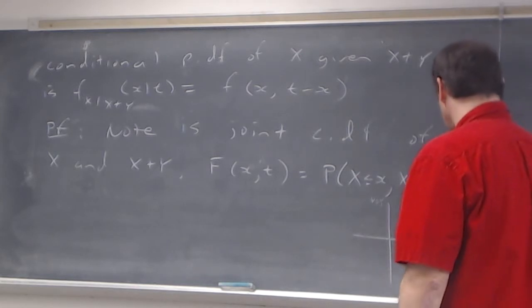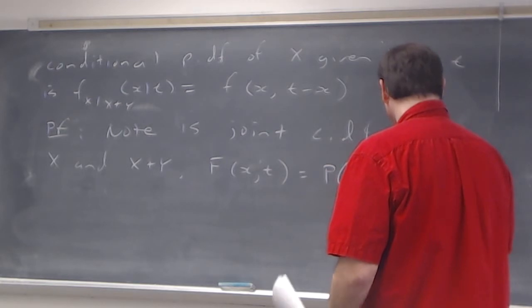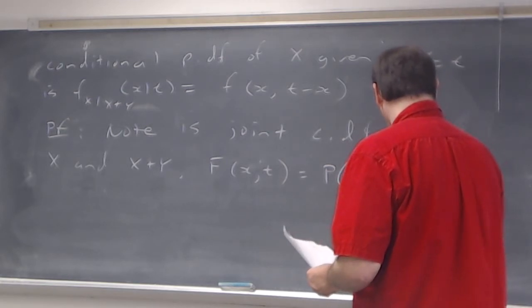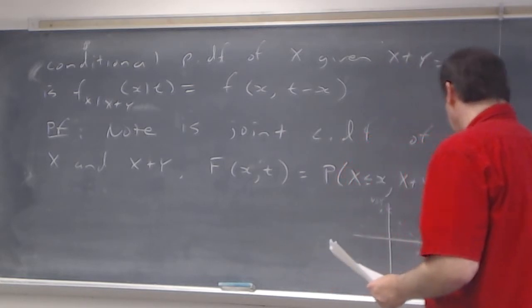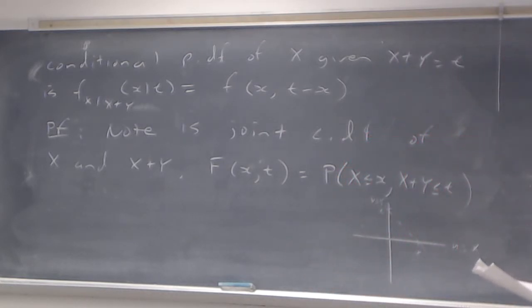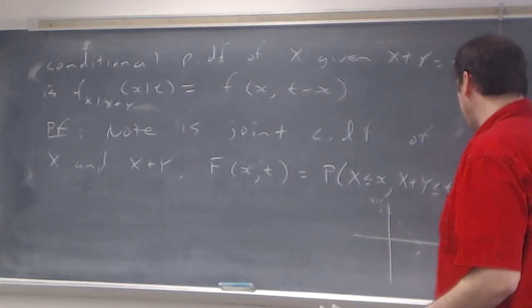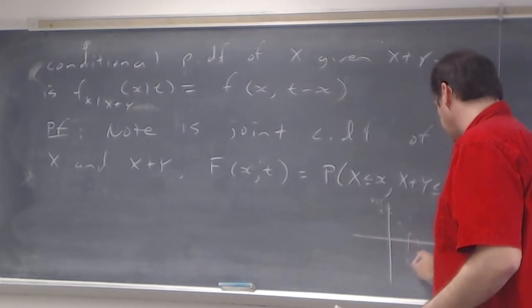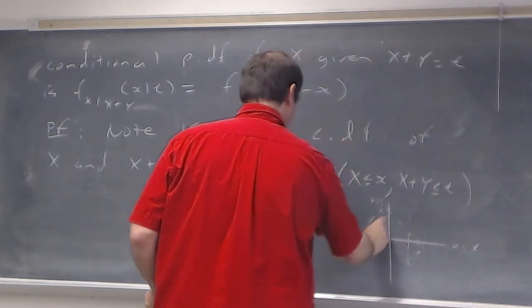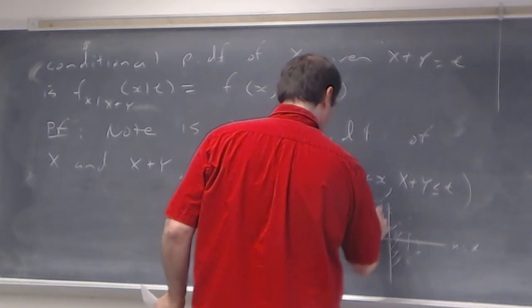Here, what we see is if you pick a t, we have x plus y equal to t is this line. Okay? And then if we have y equal to x, let's say that's here, then the region of integration to get this probability is this region that I'm highlighting.